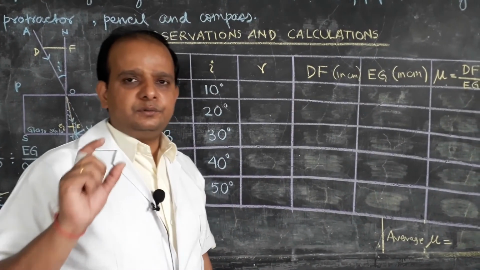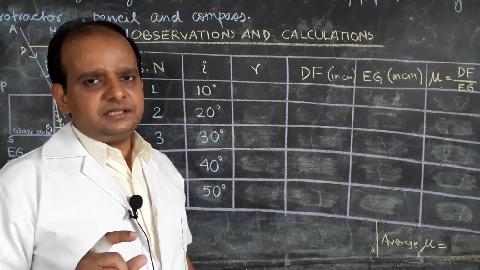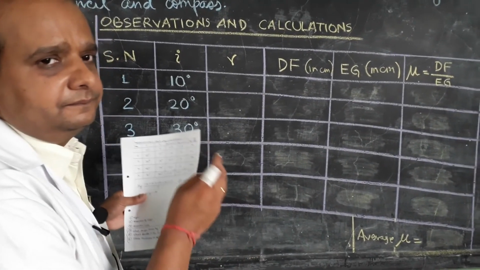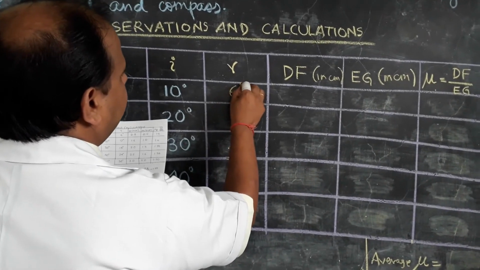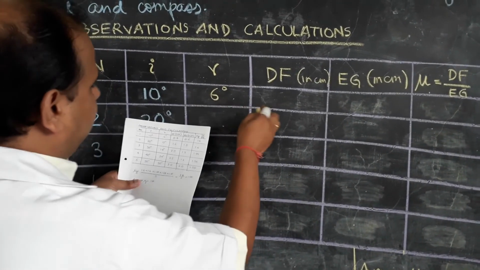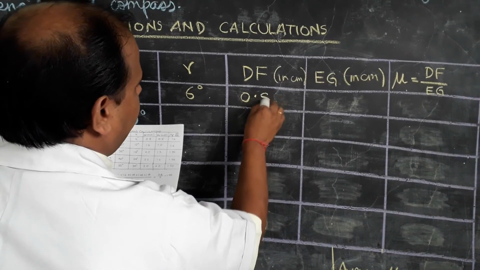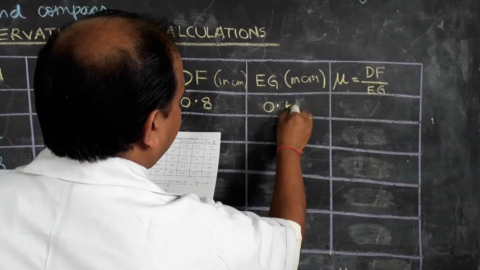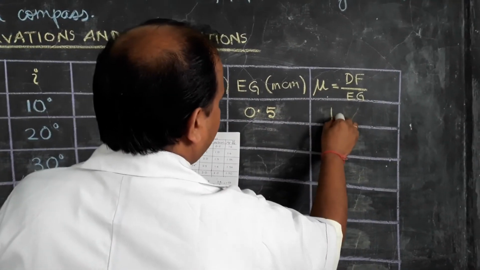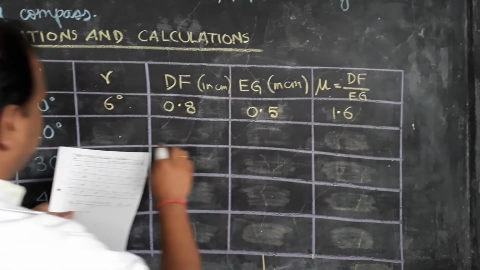Now, I am going to show the values of these experiments on the blackboard. For 10 degree, angle of refraction is 6 degree, DF I have got 0.8 centimeter, EG is equal to 0.5 centimeter. If you divide, you will get 1.6.